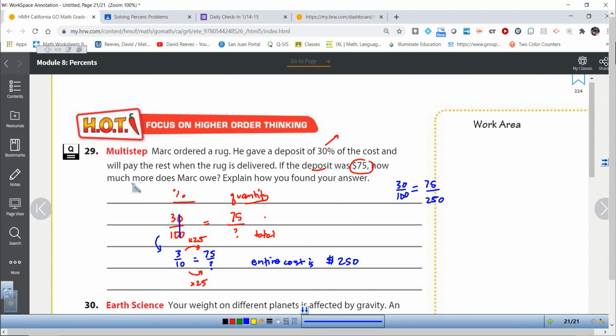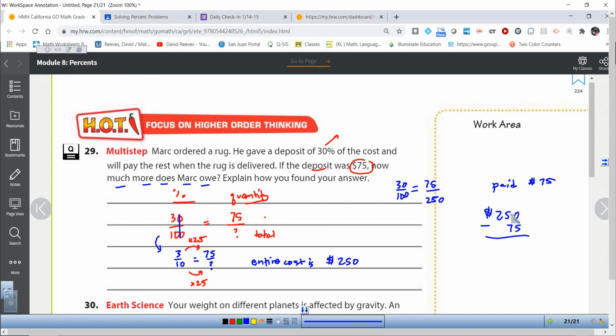The question says, how much more does he owe? Be careful. He's already paid what? He's already paid $75. If they gave him a bill for $250, he's going to go, no, wait. I already made a deposit, remember? So we have to take that deposit away.